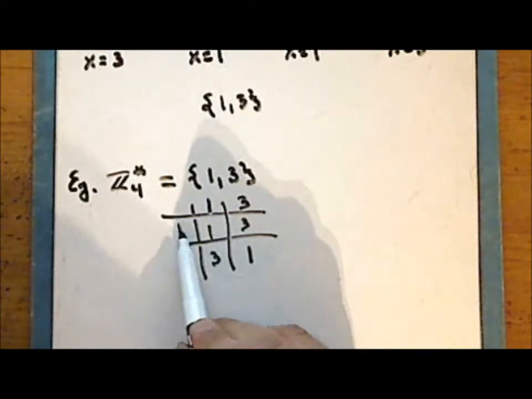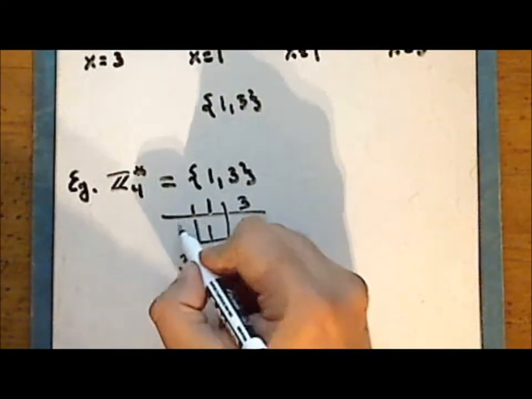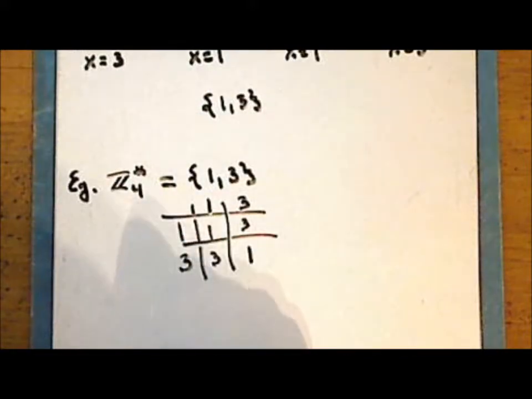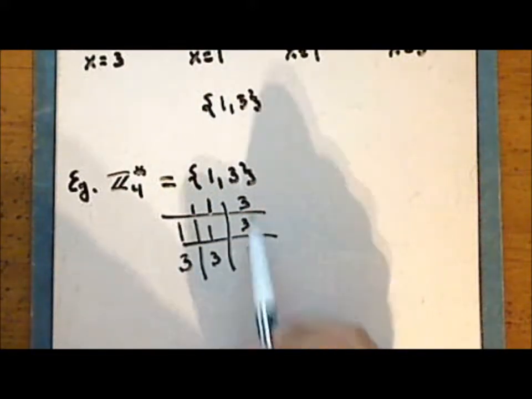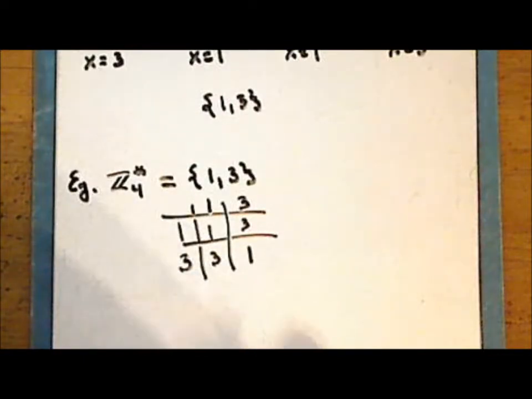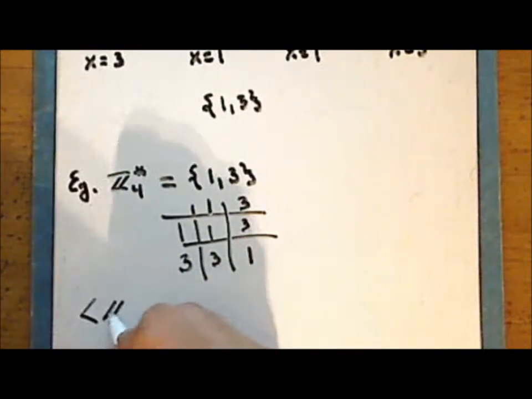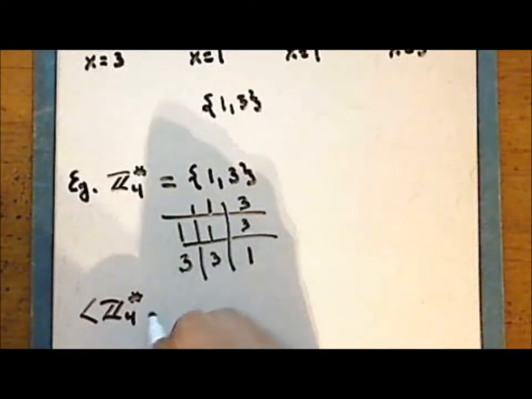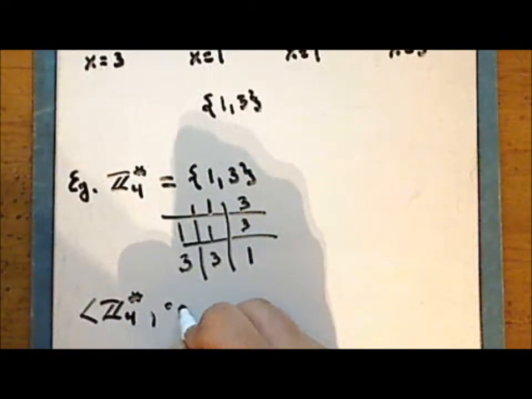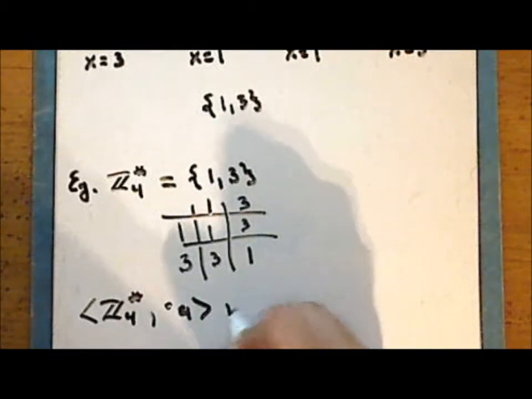The number 1 is the multiplicative identity, and it is in the set. And 1 is its own inverse, while 3 is its own inverse. So this structure consisting of the deleted set of integers modulo 4 under multiplication modulo 4 is a group.